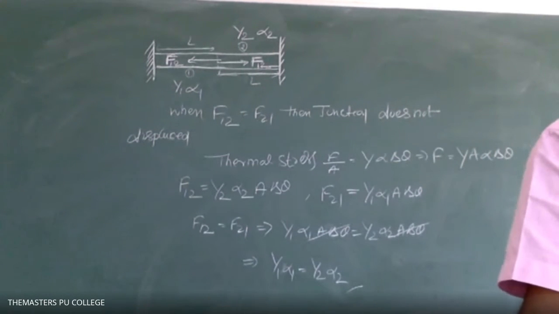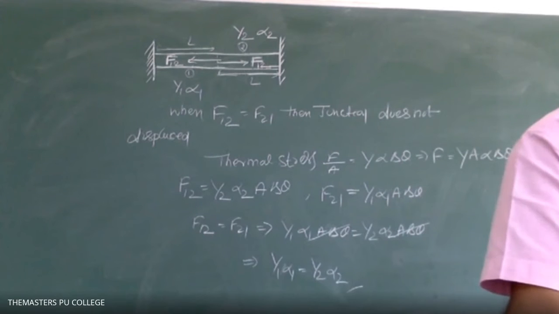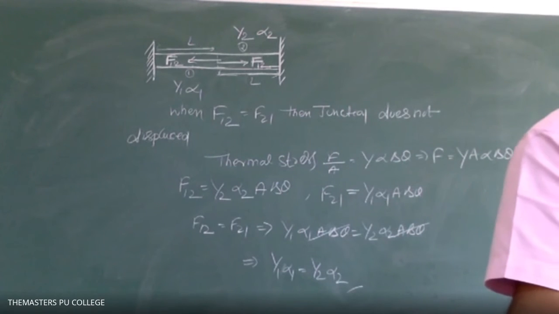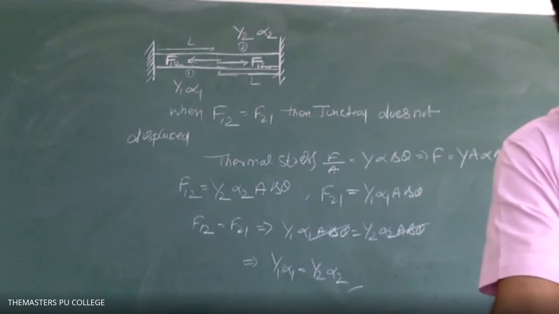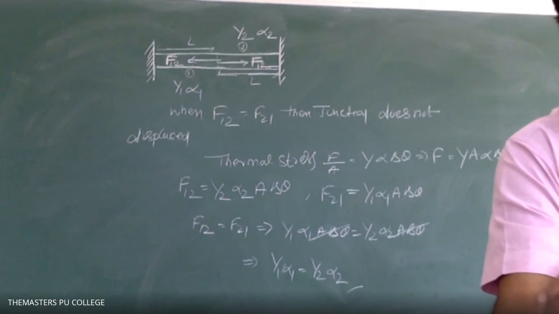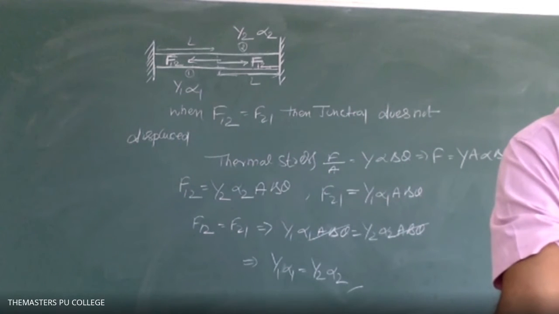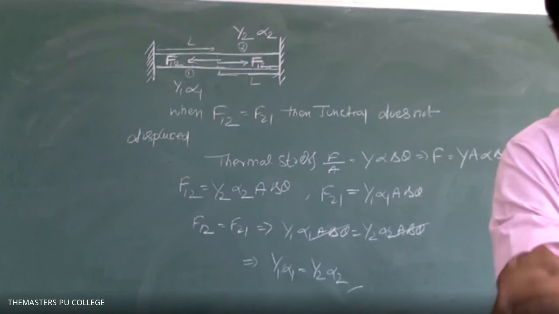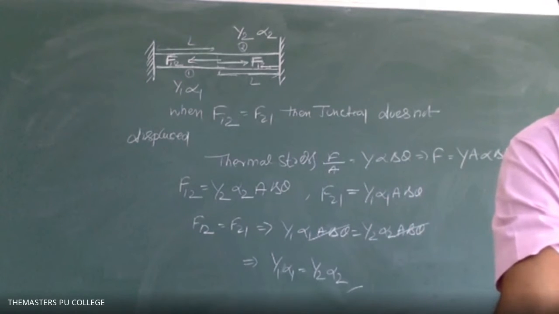The measuring tape formula we have given. What is that? Reading into 1 plus alpha s delta theta. If both are expanded, we have also given it: alpha of scale minus alpha of object.